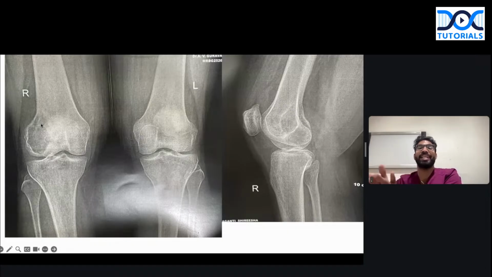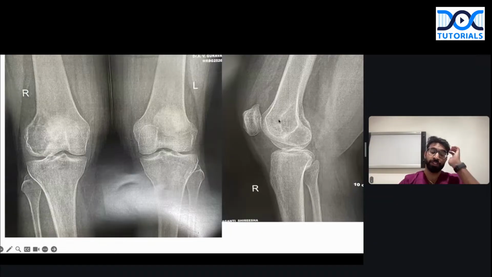To describe the lesion in that radiograph, all you need to say is that this is an anteroposterior and lateral projection of the right knee showing an expansile lytic lesion involving the epiphyseometaphyseal region. So this is how you need to describe your X-ray. That can be seen evidently on the lateral projection as well.